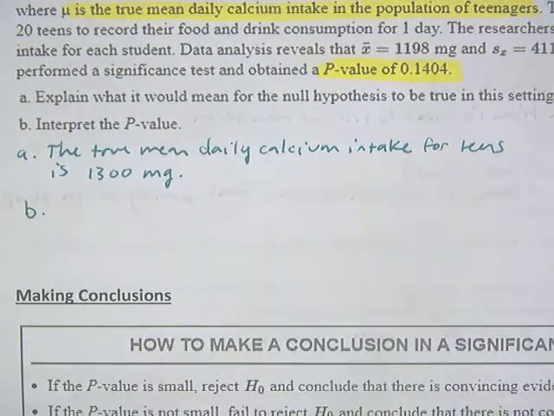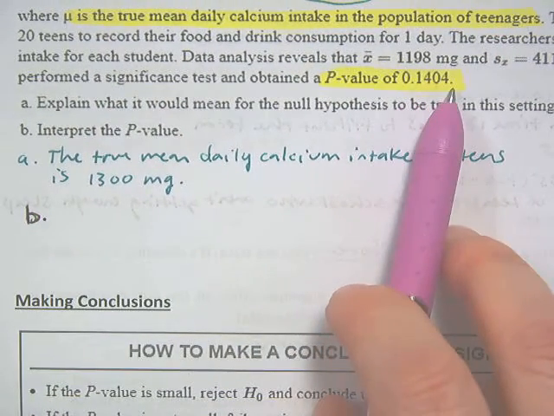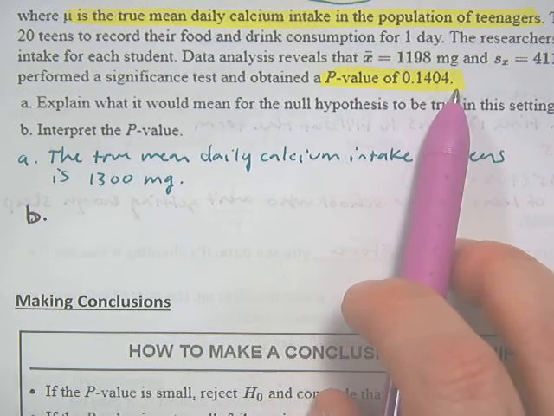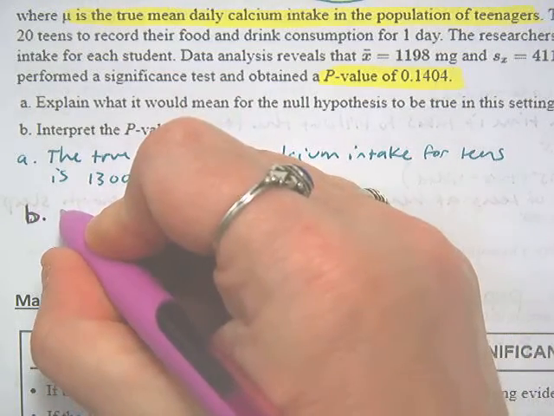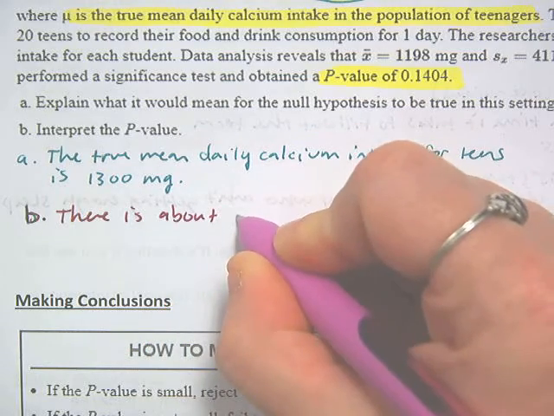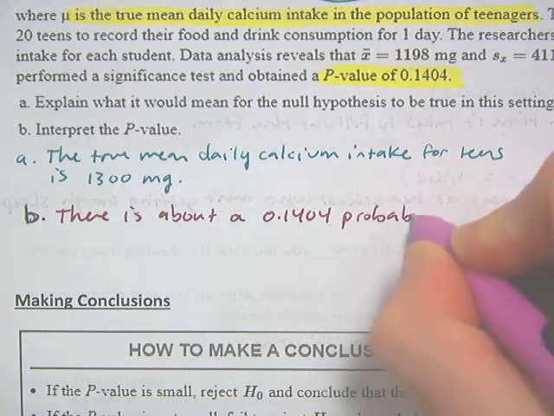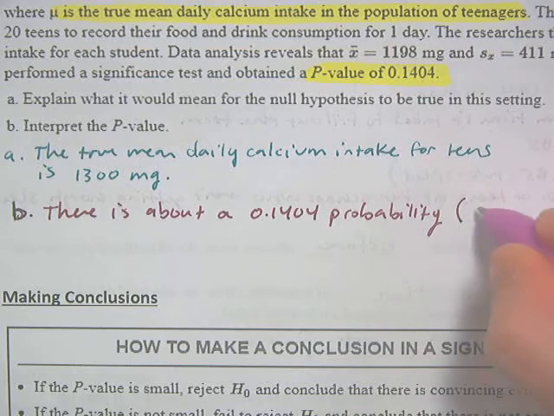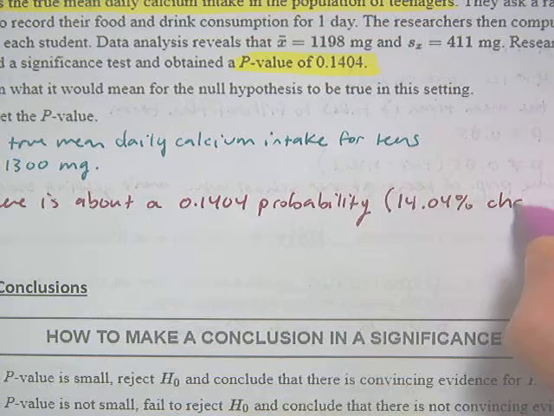B is a completely different question. It's saying now interpret the p-value that we got. When you get a p-value, again, eventually you'll be calculating that and then drawing a conclusion, but today I'm just giving it to you and saying, hey, interpret that. What does that mean? It means that there is about a 0.1404 probability, which also is the same thing as saying a 14.04% chance.